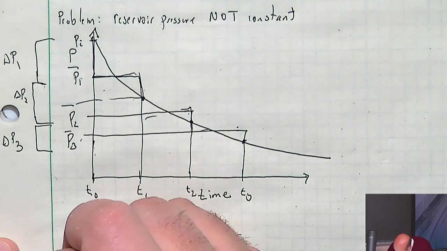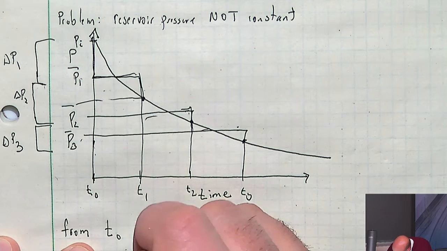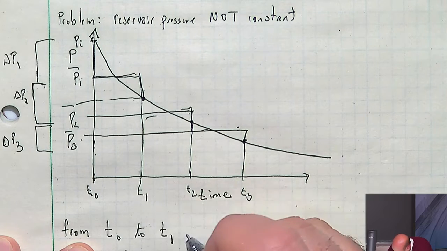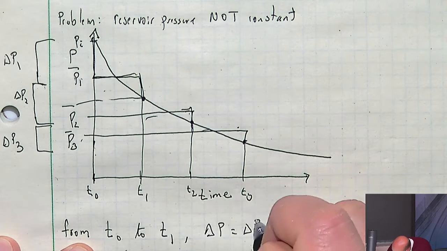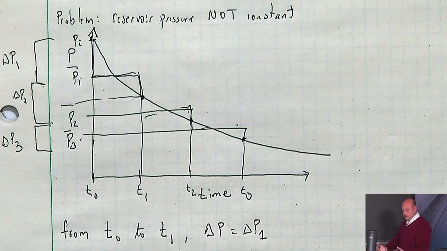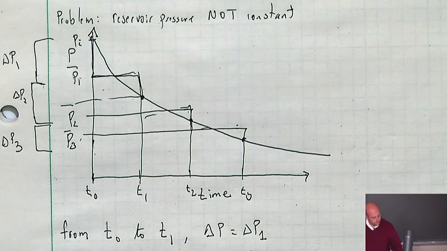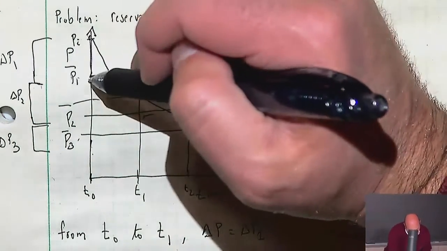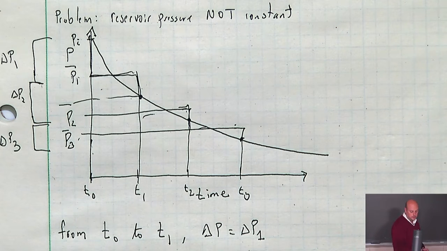And so what I'll say is that from T0 to T1, we experience a pressure drop of delta P1. So it goes from this PI minus this P1 bar, and I'll show you what the P1 bar is in a moment.